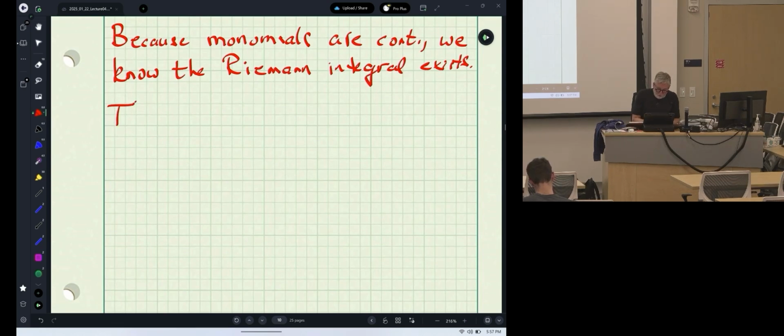What that means is that the lower sum and the upper sum both converge to a common value, and so we only need to compute one of them.